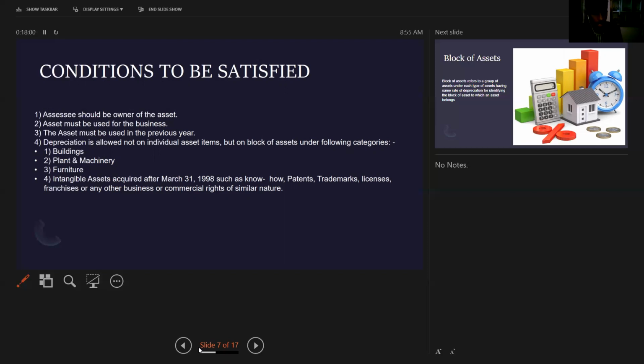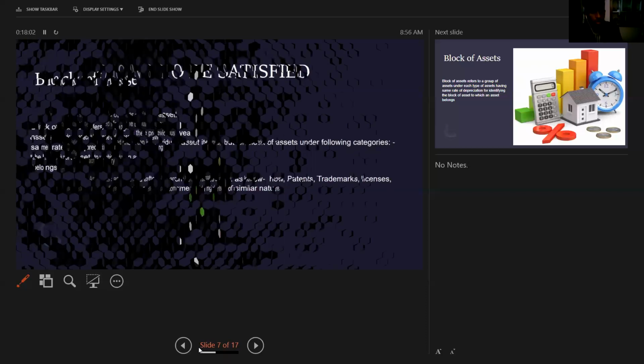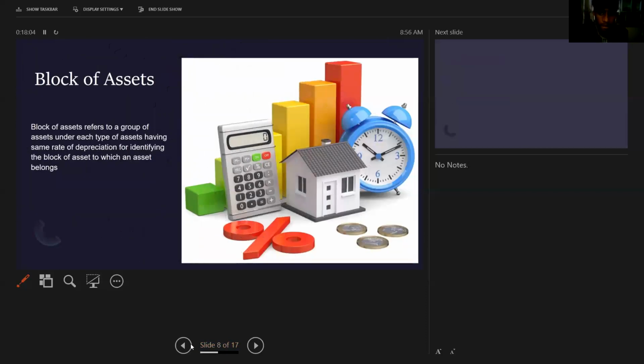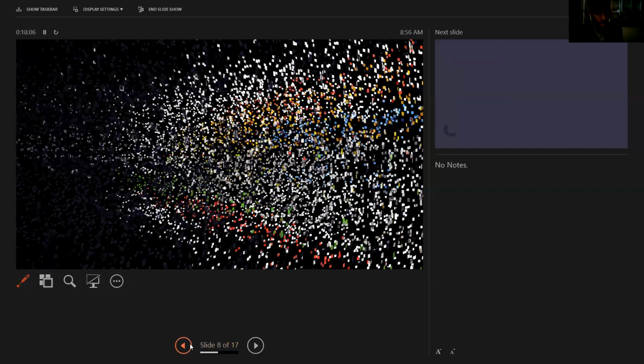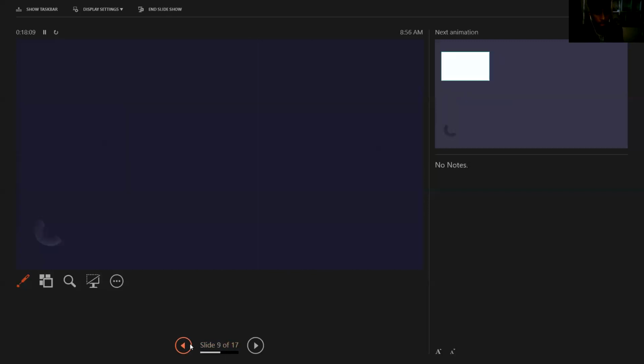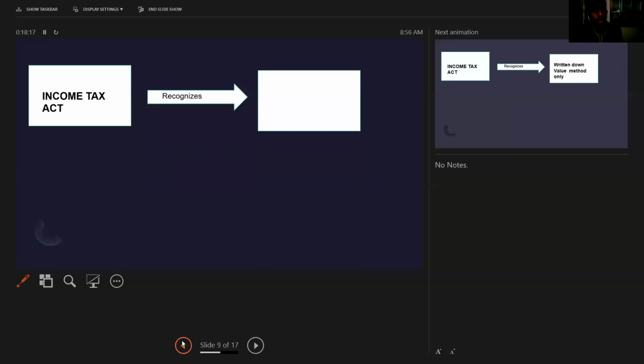Now there are certain points that we have to take into consideration in this. As per the Income Tax Act, for calculating depreciation, the Income Tax Act recognizes only the written down value method.